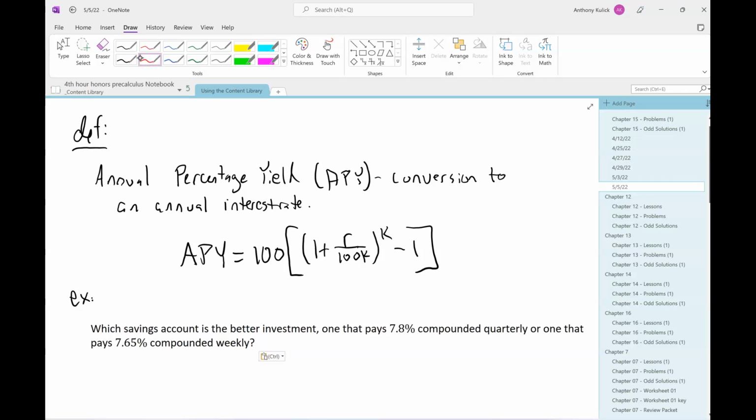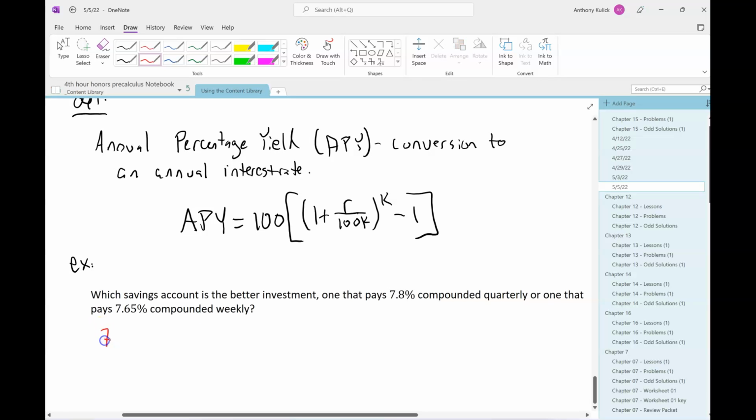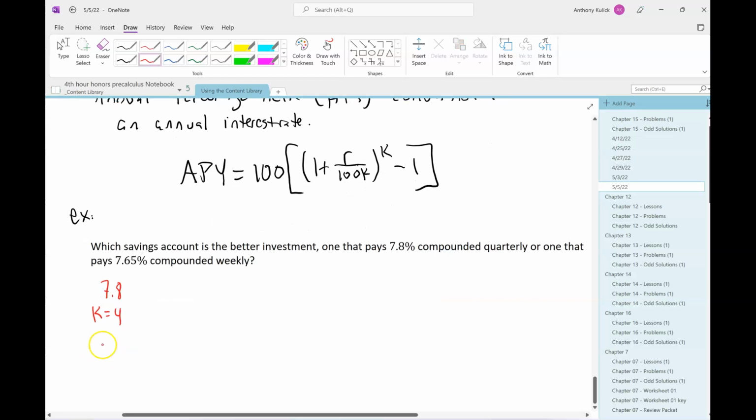So it says, which savings account is the better investment? One that pays 7.8% interest compounded quarterly, or one that pays 7.65% interest compounded weekly? Anybody with an initial guess? Just on their gut?